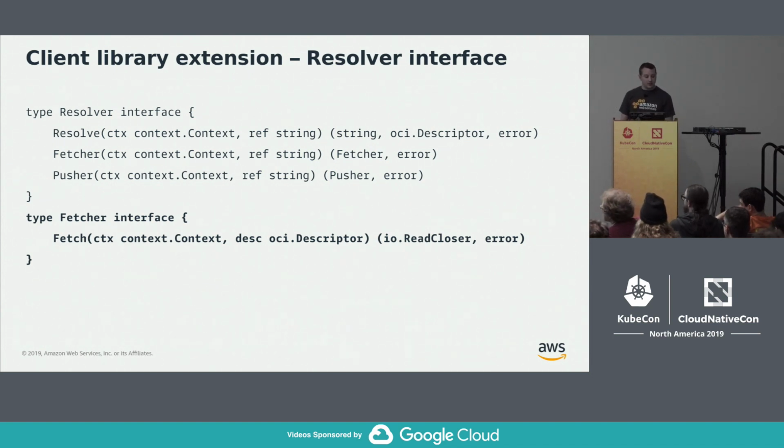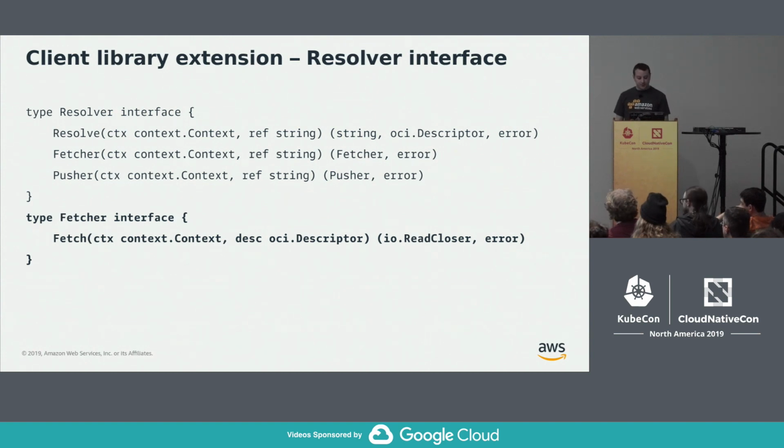This fetch method will get called once for each of those objects that needs to be retrieved. If you're calling fetch for the index, the next call will use the data that you retrieved from the index to get the manifest, and then the next call will use the data from the manifest to actually get the layers. This means that the same fetch method is used for all of the different objects that make up an image.